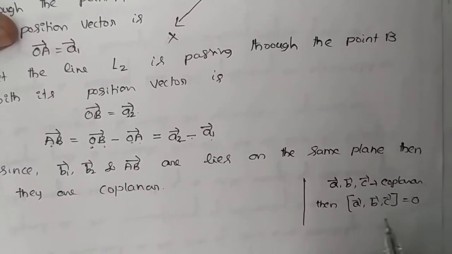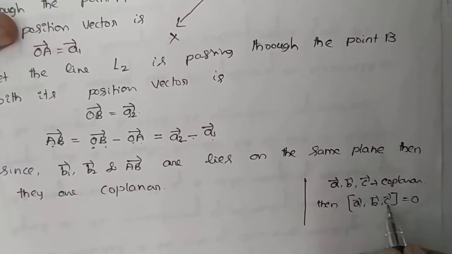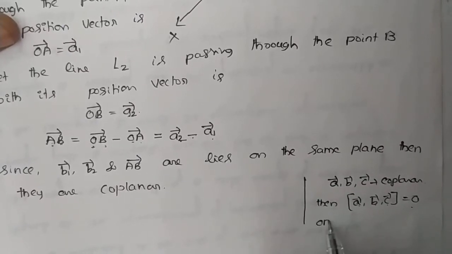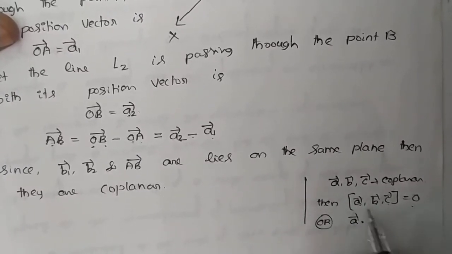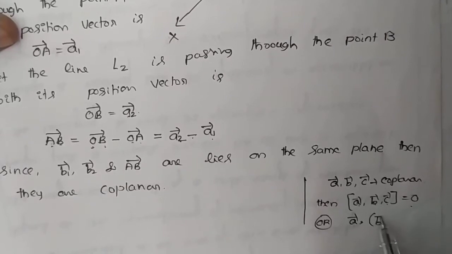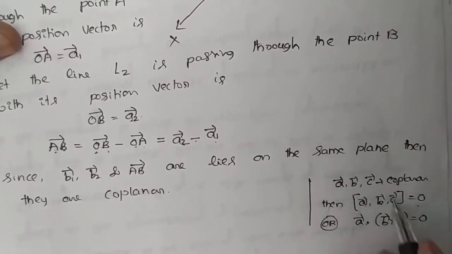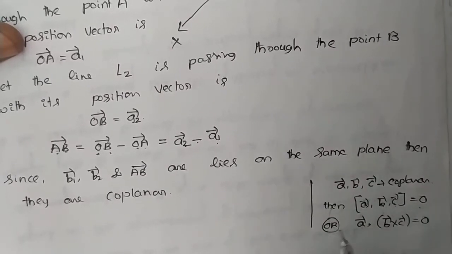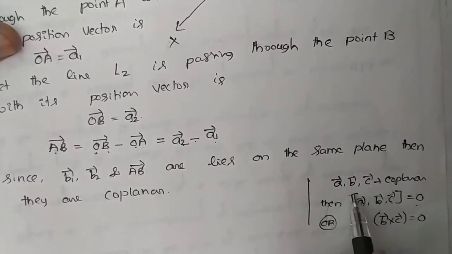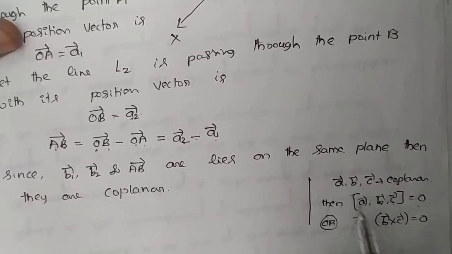The scalar triple product of vectors A, B and C equals 0, or it can also be written as A dot B cross C equals 0. It is the condition for coplanar, isn't it? These things we already learned in our vector algebra.